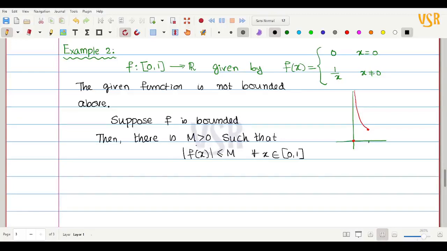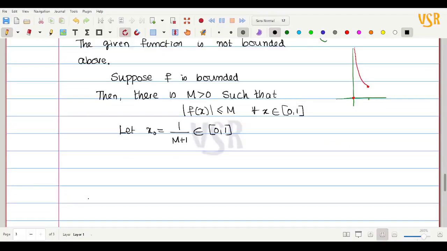There is an M which satisfies this condition. Now let x naught be 1 divided by M plus 1. Then this will definitely belong to the closed interval [0,1].